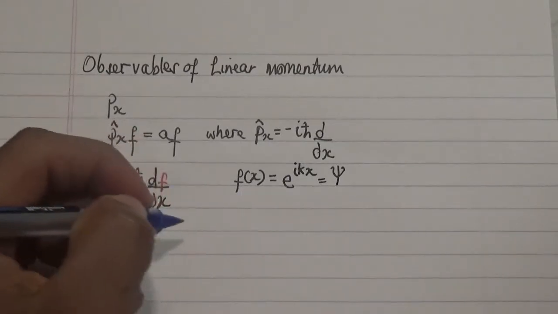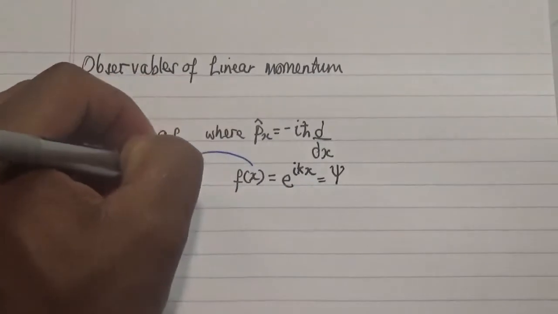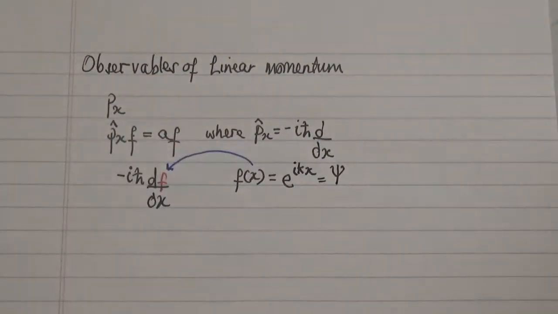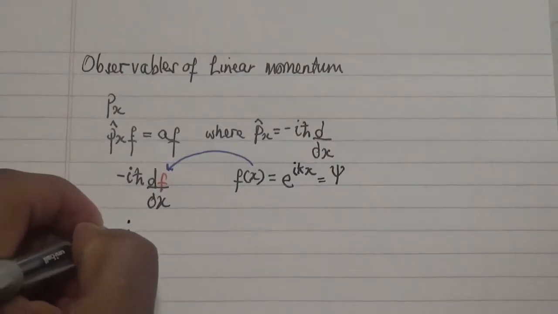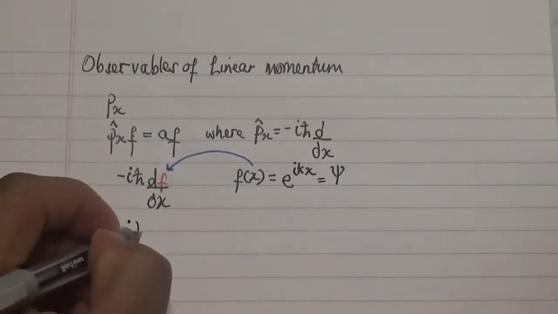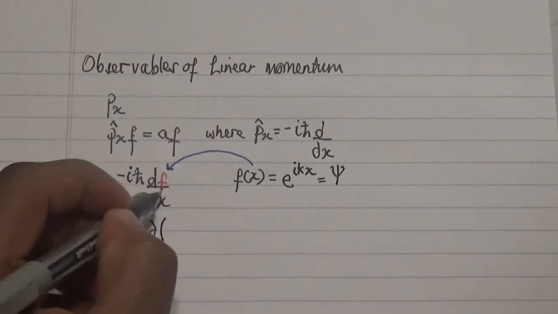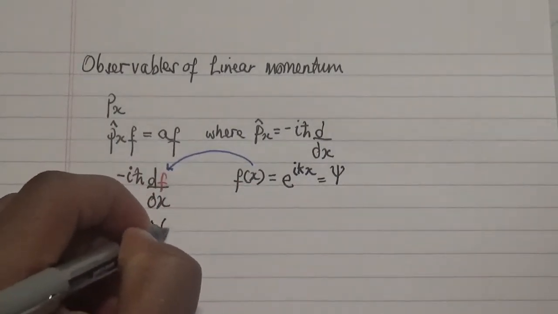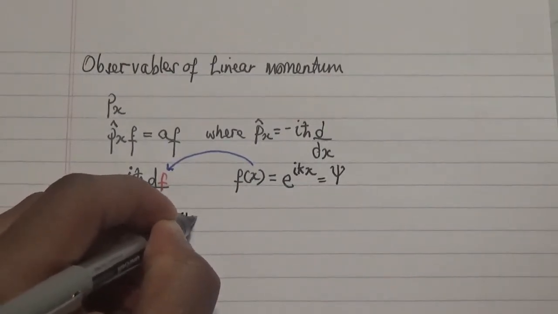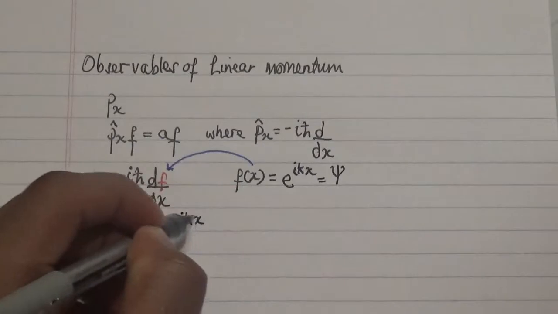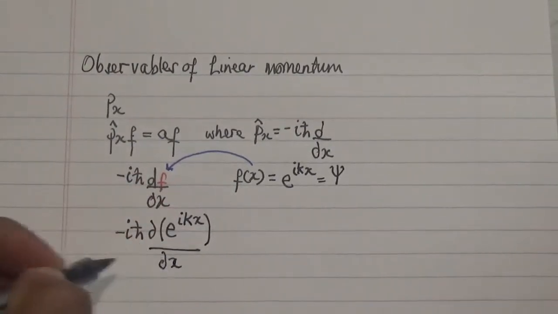Looking at it here, if we put that into this equation, what we get is negative i multiplied by h bar multiplied by d of f, which is equal to e to the power of ikx, all over dx.